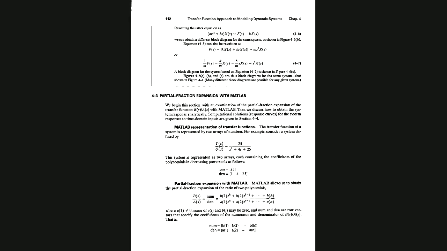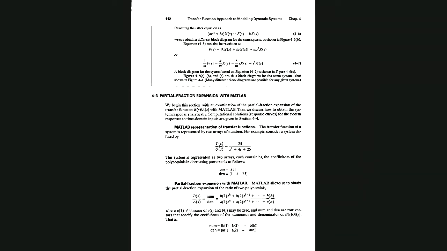So I'll go to system response with MATLAB. I have uploaded this thing. This is from Ogata's book, as I have said. If you want to represent transfer functions in MATLAB, you just write the numerator like a vector and the denominator as another vector, okay?